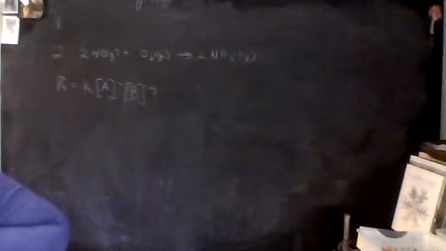Did they change at all? No. But the concentration of the NO in trial 2 changed. It doubled. And then the reaction rate halved. So what does this tell us about our values for X and Y?